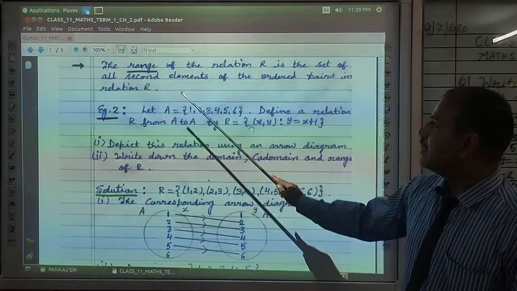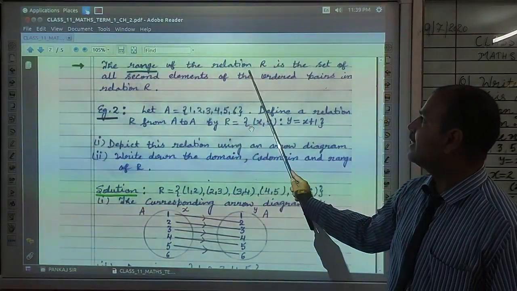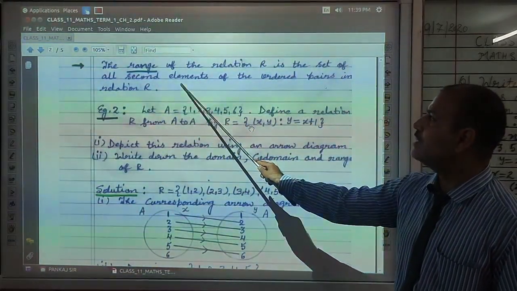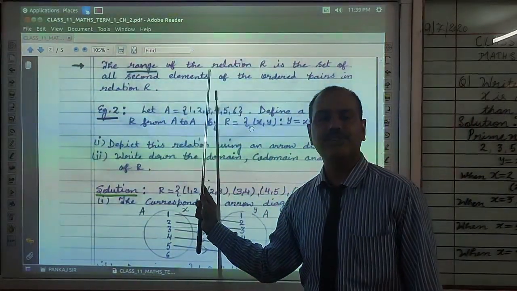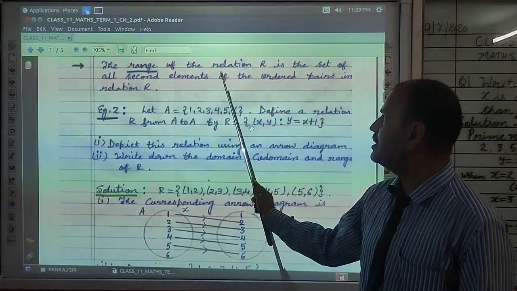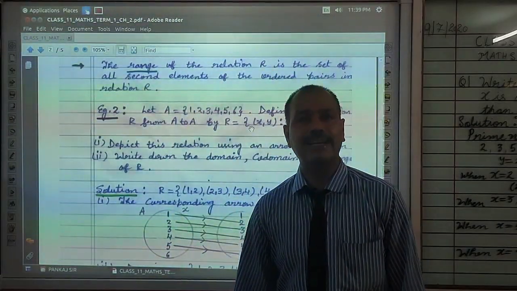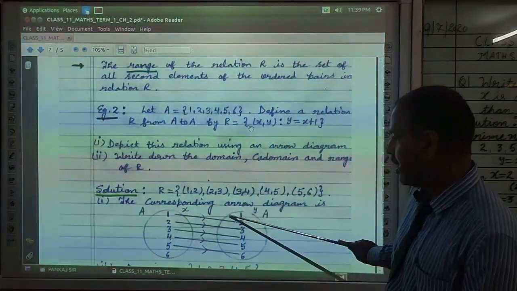Now, next is range. The range of the relation R is the set of all second elements of the ordered pairs in relation R. It means all second elements here.